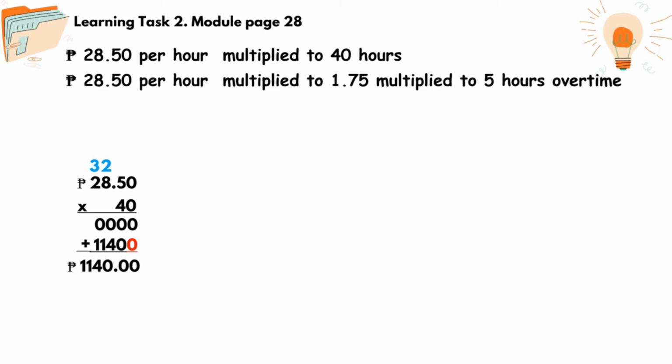Next is to multiply the regular rate per hour by 1.75 by 5 hours for the overtime pay.